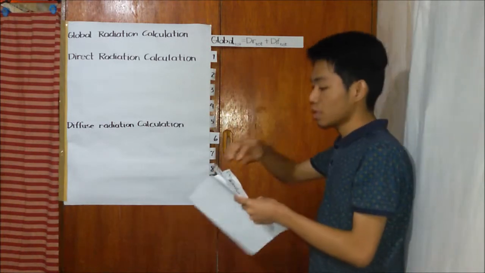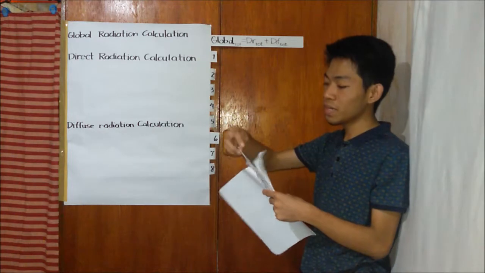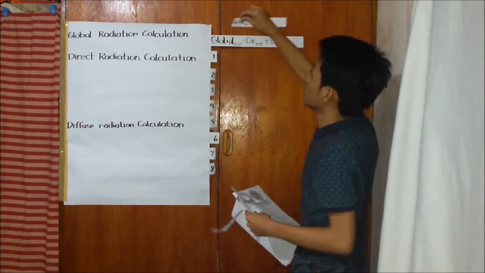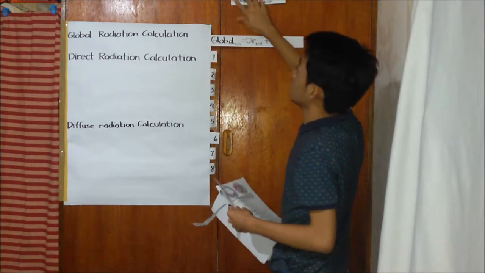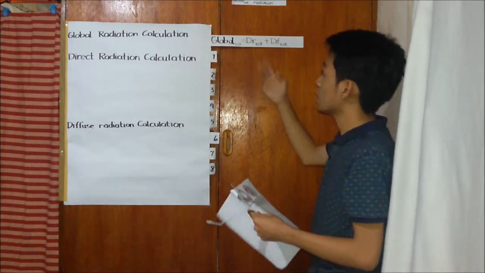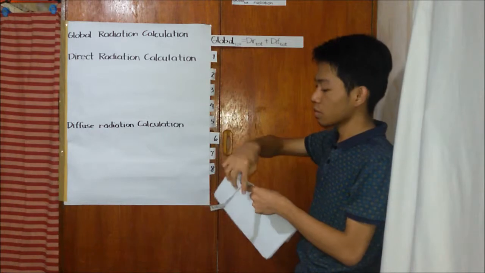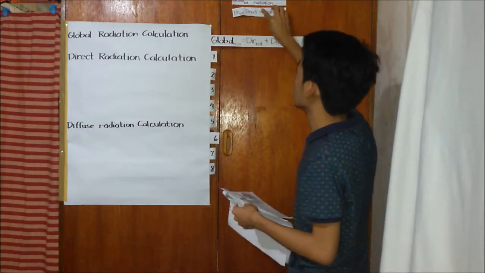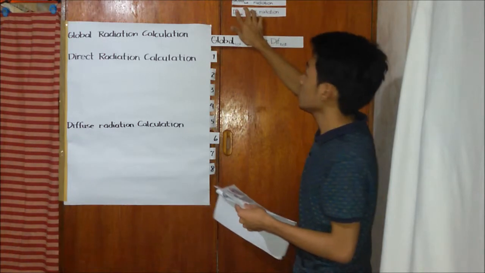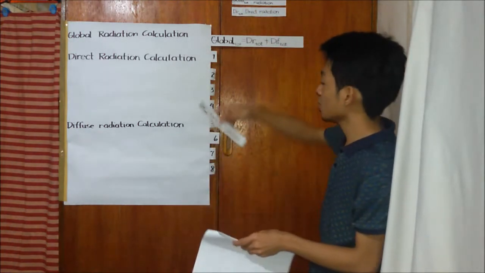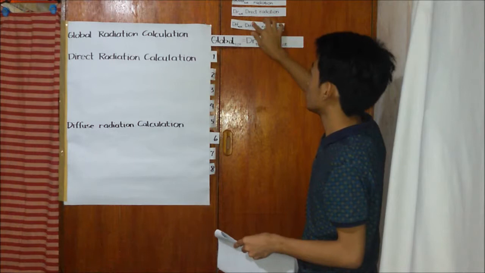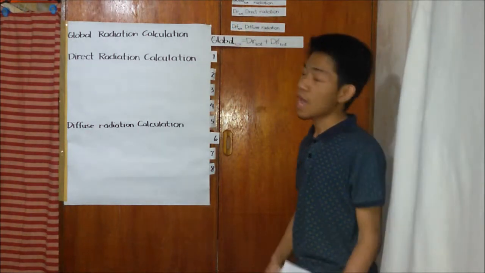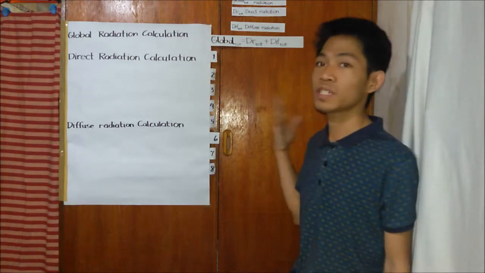The Global is the global radiation, Dir is the direct radiation, and Diff is the diffuse radiation. This is how to solve the global radiation calculation.